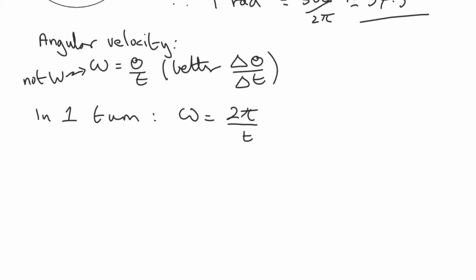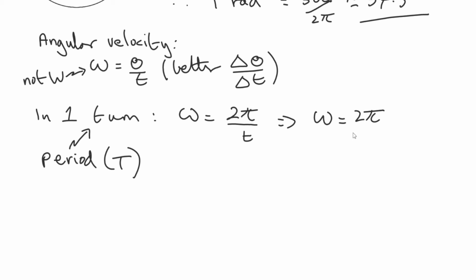But remember, small t in this expression is actually called the period, being the time for one turn. Therefore, we can rewrite this expression as omega equals 2 pi over T, capital T that is, for the period.